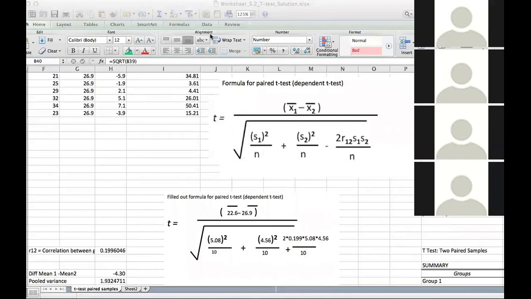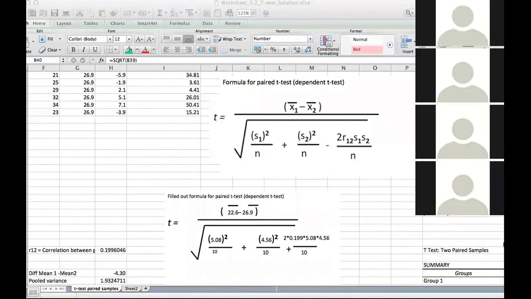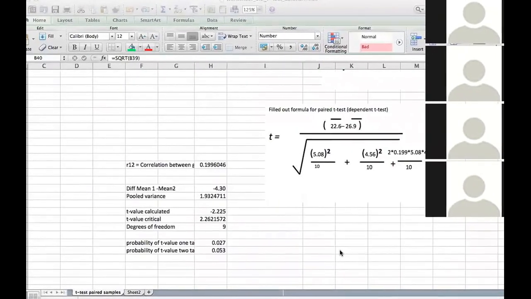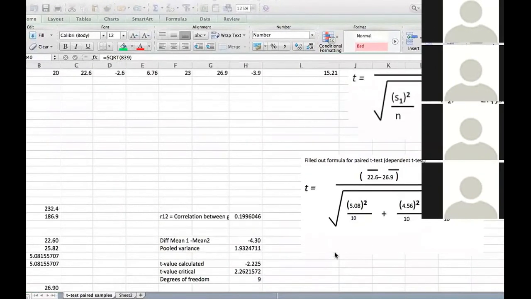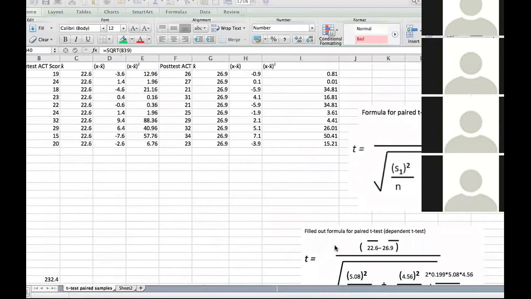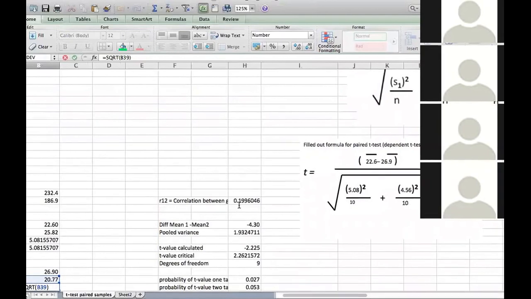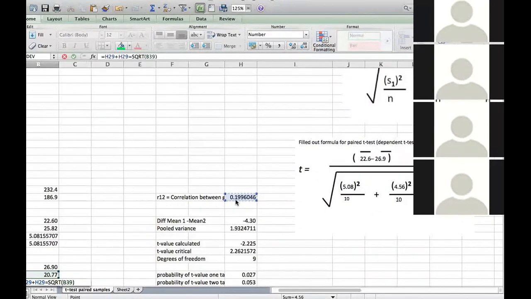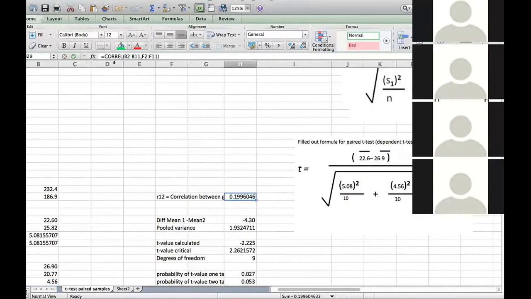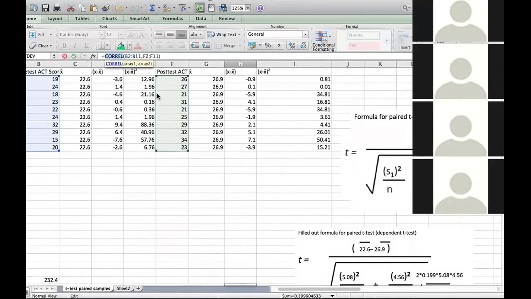The R stands for correlation. And the correlation is a measure of how similar scores are in both groups. You can calculate it by using an Excel formula. You use CORREL, and then we say, okay, the blue area, group measurement 1, pre-test, with the green area, post-test.